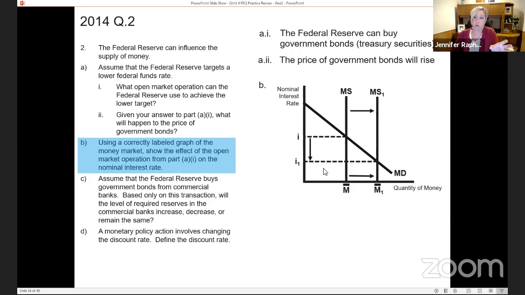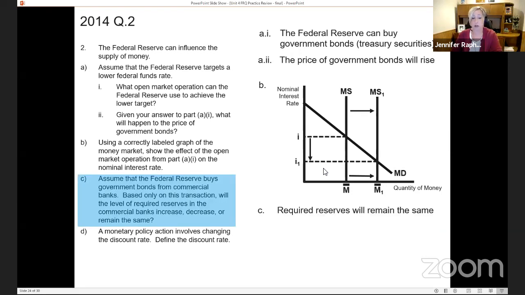And so the Treasury securities or the government bonds are being replaced on the bank balance sheet with reserves. So it's really just a change in the composition of total reserves, and the level of required reserves in the commercial banks will not change.